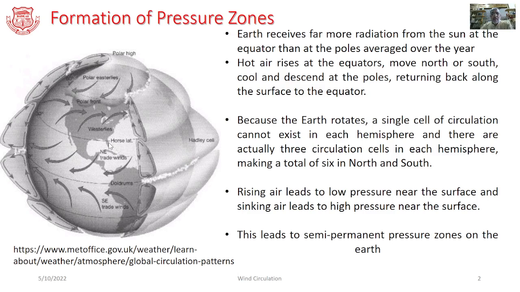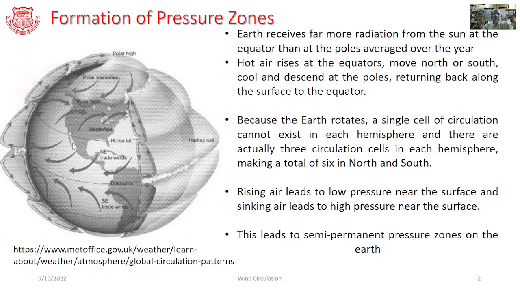As it rises above, it moves towards the North Pole or towards the South Pole. During its transit, it becomes cool, descends at the poles, and returns back along the surface of the Earth towards the equator.